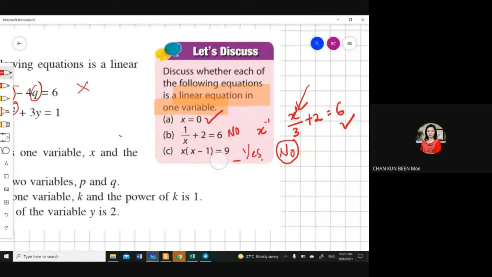You see, this is a bracket, right? So x times x becomes what? X times x is x squared. So the power is not 1 anymore. Therefore, this is not a linear equation in one variable. Are you okay? Okay, let's move on to example 2.